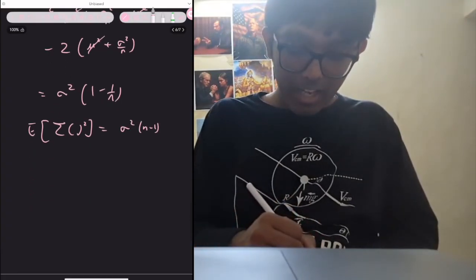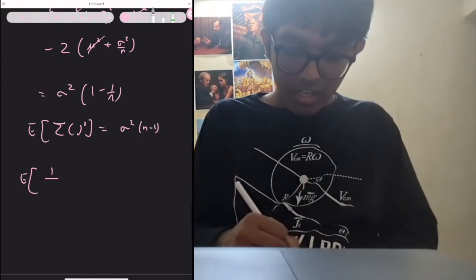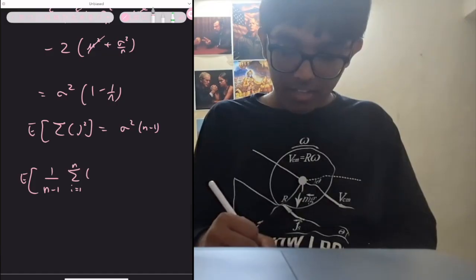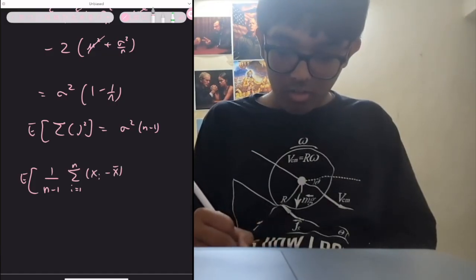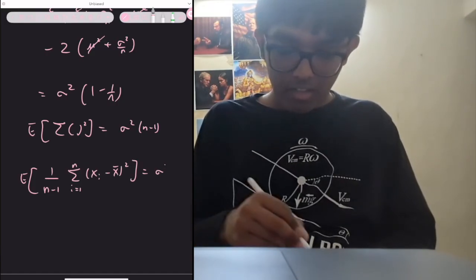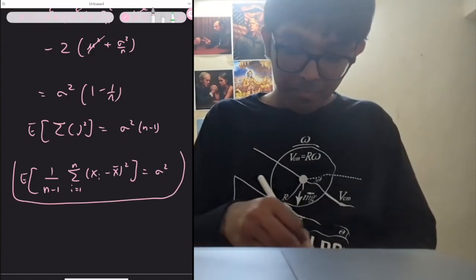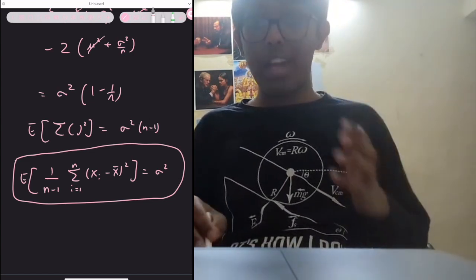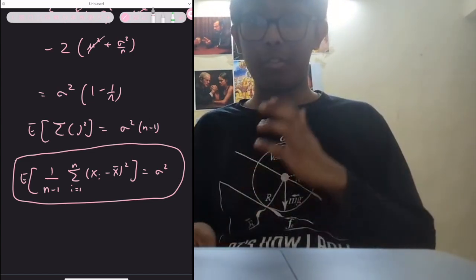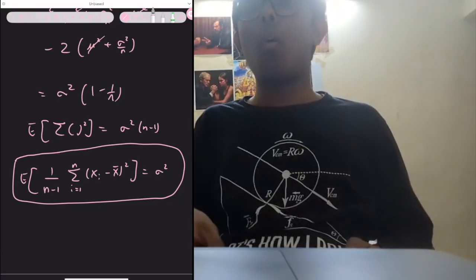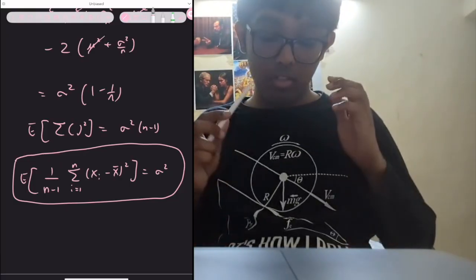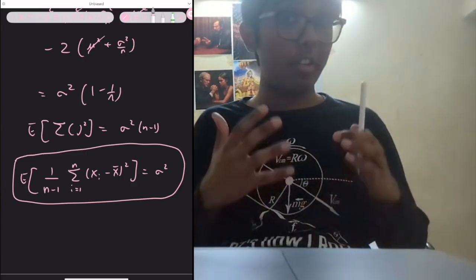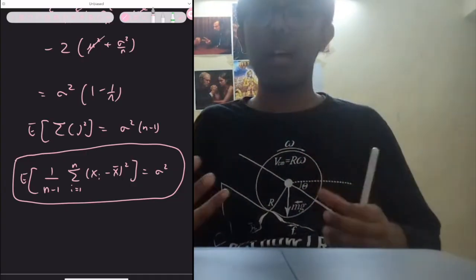So we finally get that the expectation of 1 by n minus 1 times the summation, i equal to 1 to n, of xi minus x bar whole square is equal to sigma square. So our unbiased estimate of sigma square is 1 by n minus 1 times the summation of xi minus x bar whole square. Now, if this is the unbiased estimator, why do we even use 1 by n when sampling, if you have a random sample?